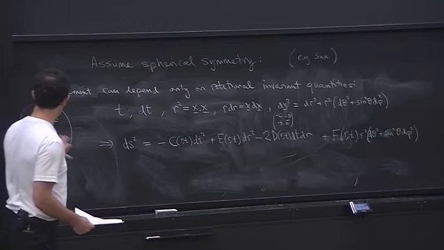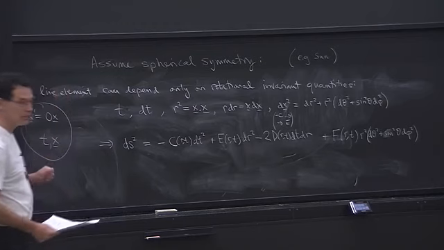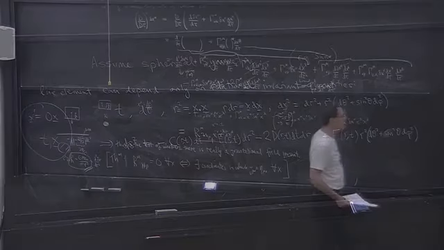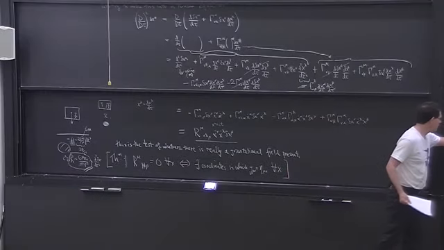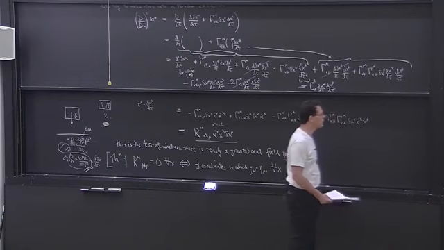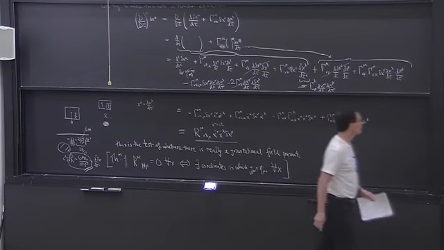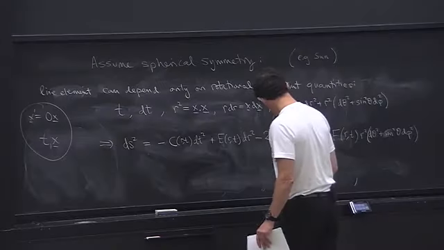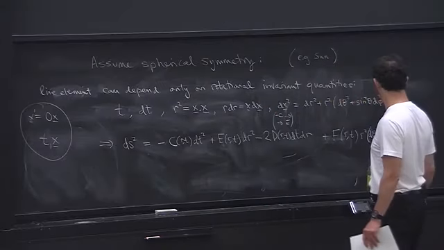Okay, this expression, if I define the x as a column vector, r sine theta cos phi, r sine theta sine phi, r cos theta, the metric is invariant under rotational symmetry. So this is the most general spherically symmetric metric.